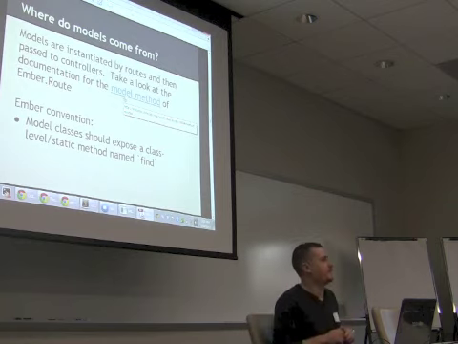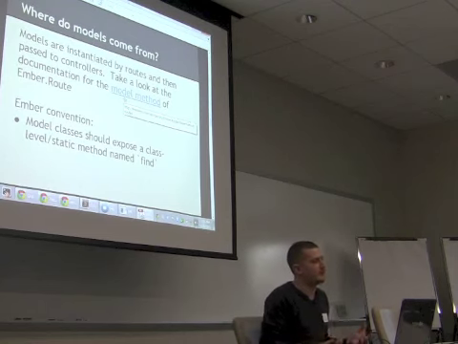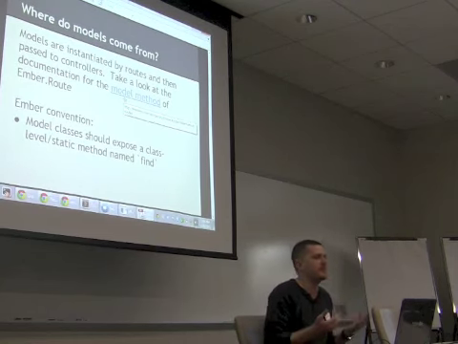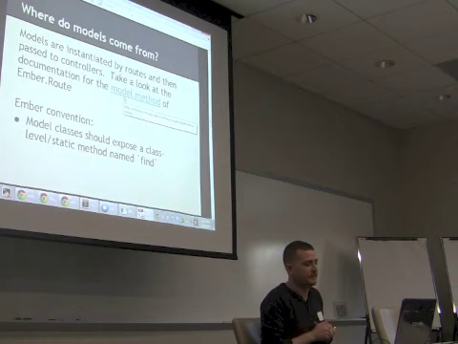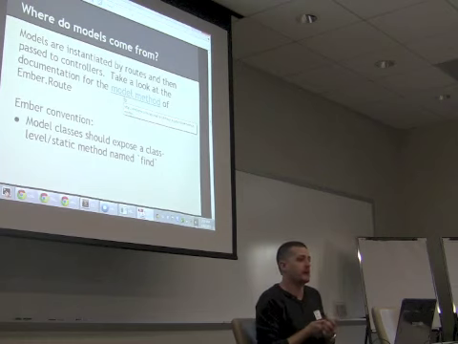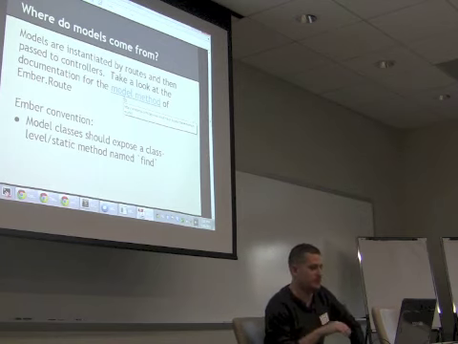A route fires up, and it does a couple things. One of the things that it does is say, what is the model for this route? So imagine you have a route that is /posts/13, right? So 13 is your ID for your blog. Your model method for that route is responsible for taking the value 13, going to the database or your API, getting the value back, and passing it to your controller.